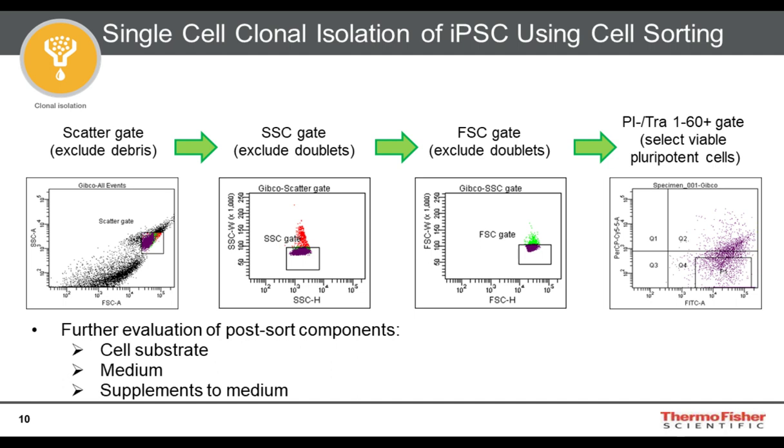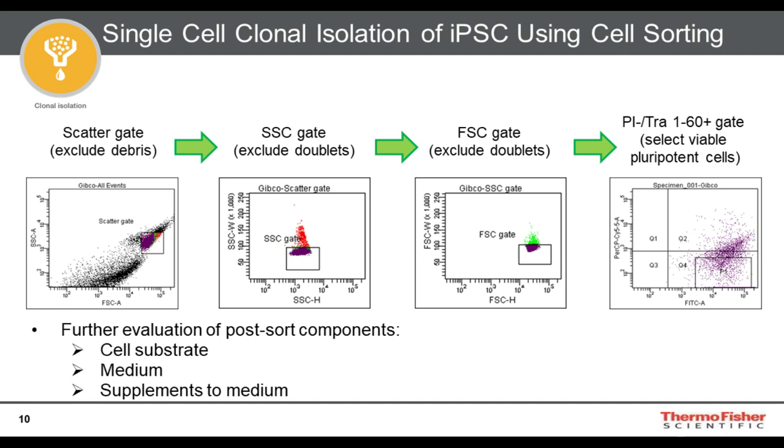So we first set up a very stringent gating strategy where we looked at different forward and side scatter gates to remove debris and doublets. And then we furthermore introduced a double gating strategy using propidium iodide and Tra-1-60 antibodies to be able to reliably sort viable pluripotent stem cells.